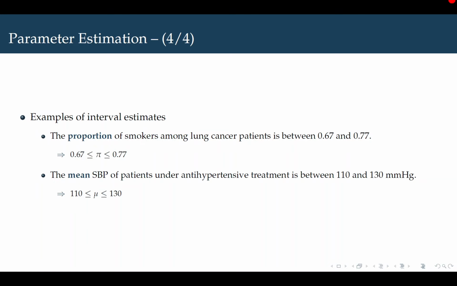And here we have the interval that this population parameter lies between 110 and 130. So here the range from 110 to 130 is said to be an interval estimate for the population mean systolic blood pressure. Therefore, a point estimate is finding a single sample value, but an interval estimate is finding a certain range of values for which the assumed population parameter of interest lies.